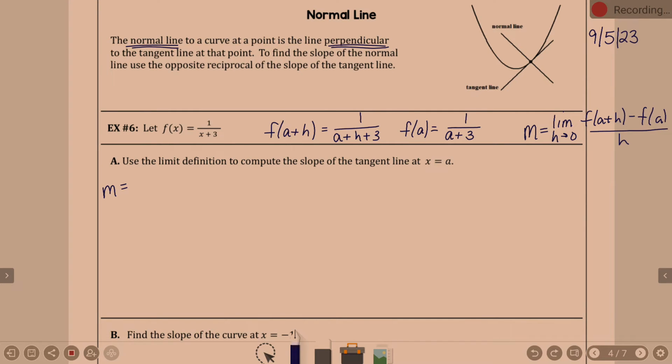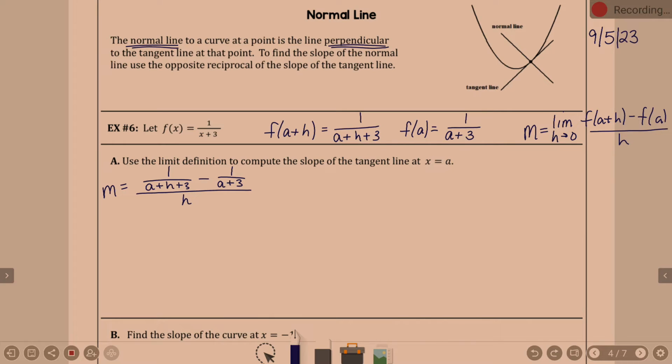That's the limit definition they're talking about. So f of a plus h is going to be 1 over a plus h plus 3 minus f of a, so 1 over a plus 3, all divided by h.